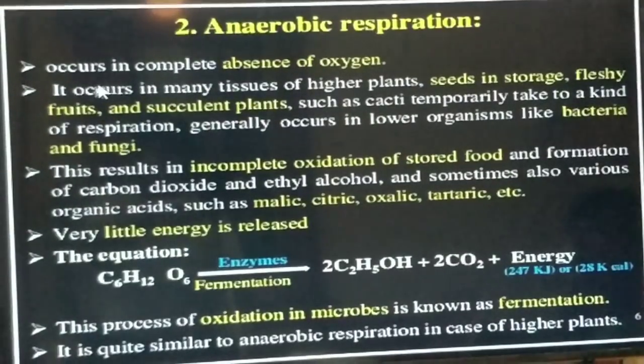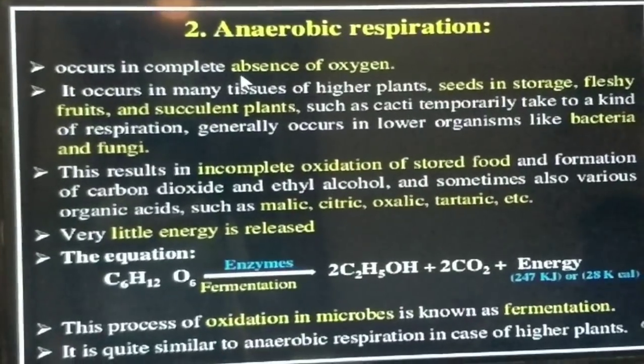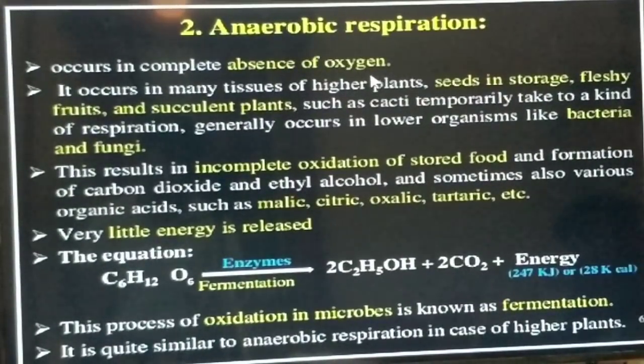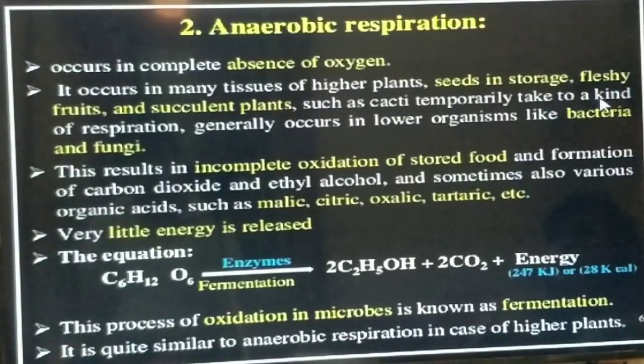respiration. It occurs in complete absence of oxygen. It occurs in many tissues of higher plants, seeds in storage, fleshy fruits, and succulent plants such as cacti, which temporarily take to this kind of respiration. It generally occurs in lower organisms like bacteria and fungi.